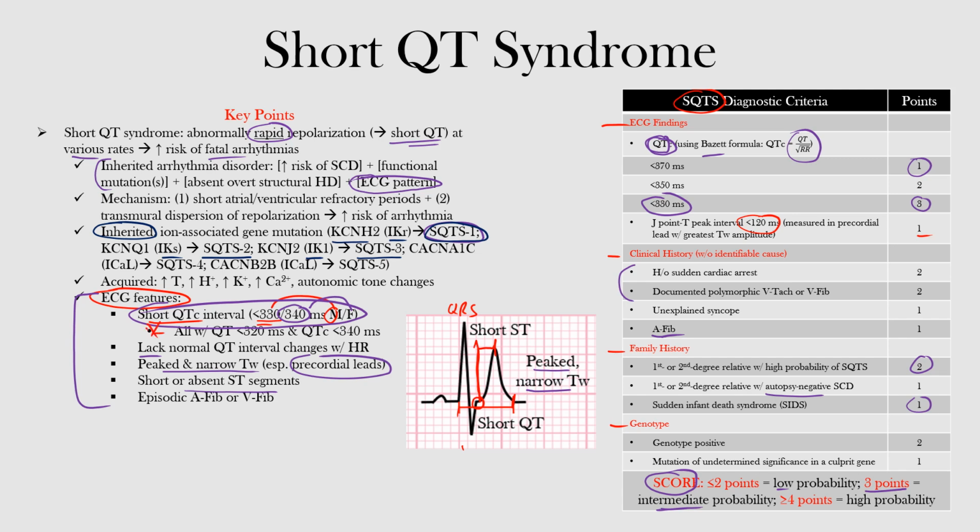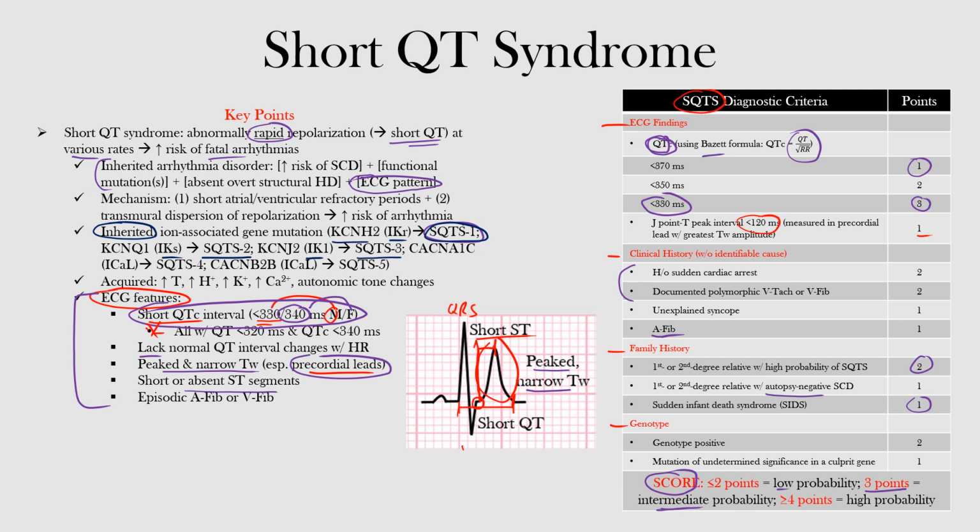So those are good cutoffs to use. Again, remember these patients tend to lack normal QT interval changes with heart rate. You tend to see these peaked and narrow T waves as we saw here, especially in those precordial leads. You'll have short or absent ST segments, as well as possibly episodic atrial fibrillation and ventricular fibrillation coming on and off in these patients.